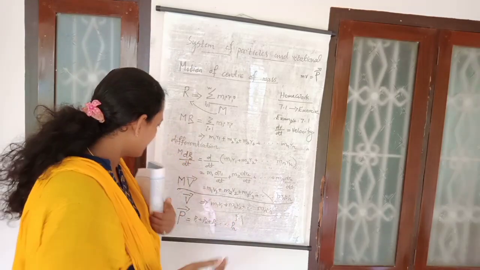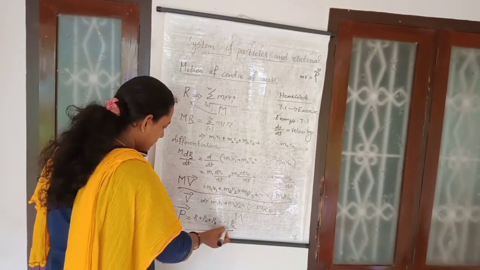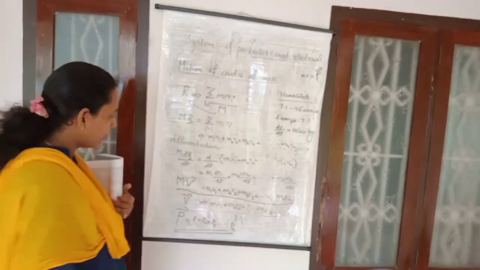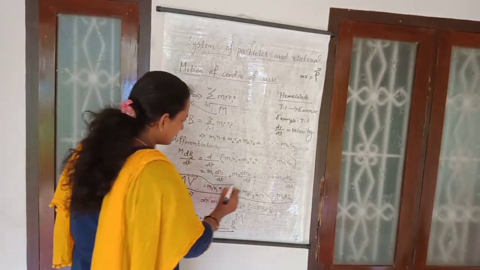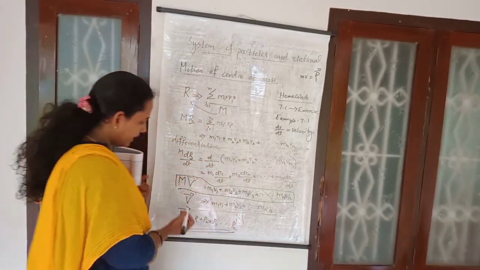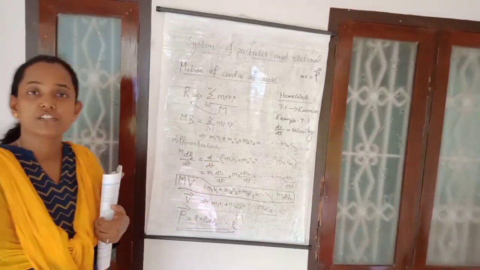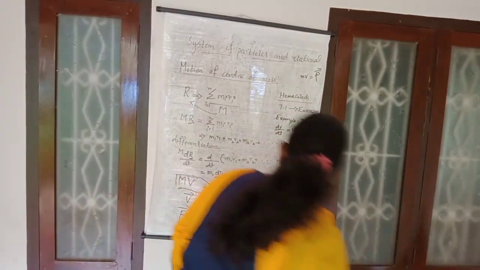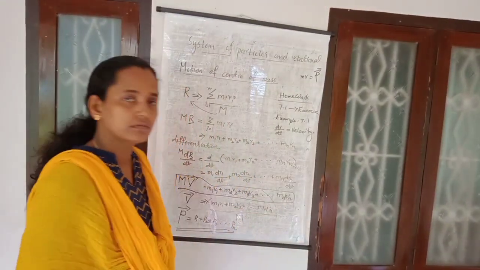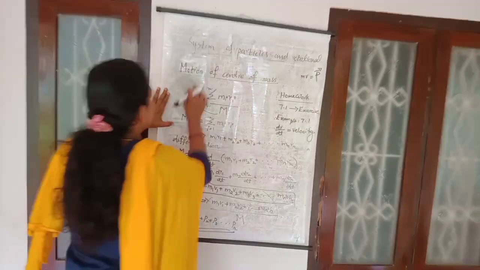Okay, that you can keep it there. We can come to that point later. So here mv is mass into velocity, and here we are calculating the velocity of that system of particles. In that same way, if you differentiate this formula, what will you get?